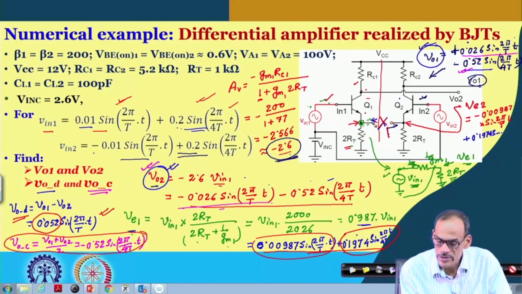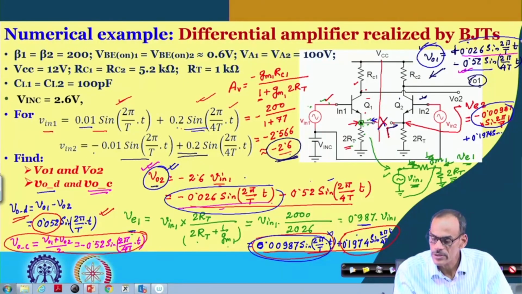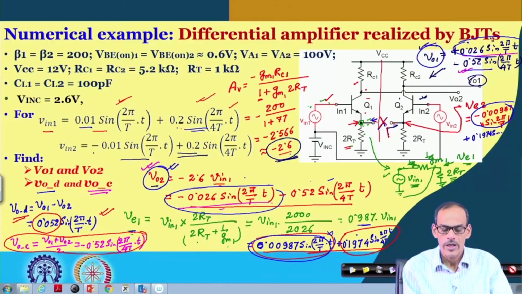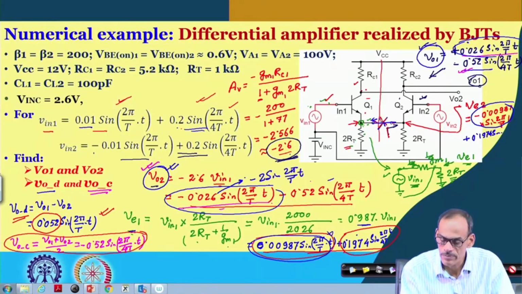So, the moment we make this connection, this part and this part get cancelled out, and also at the output this part and this part get amplified. This part gets converted into minus 2 sine 2 pi by capital T into small t with this connection.